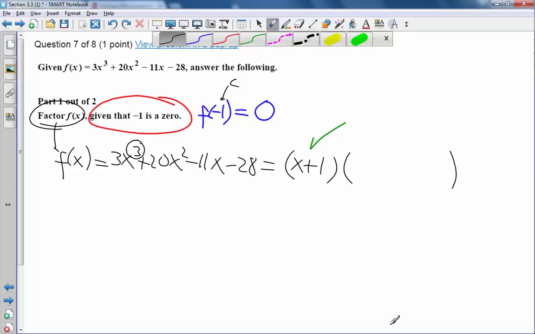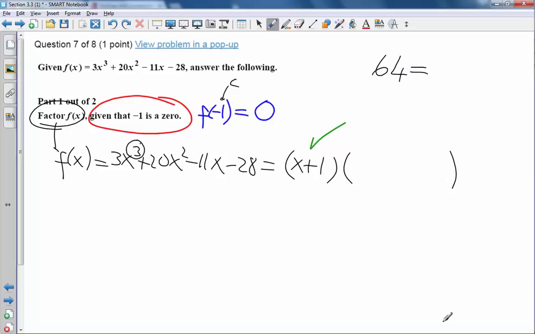Let me ask you this. If I give you 64, and if I give you 4 is a factor of this number, how do you get the other part?